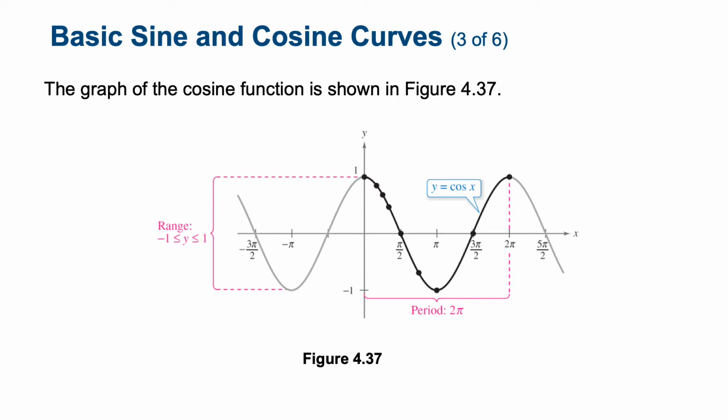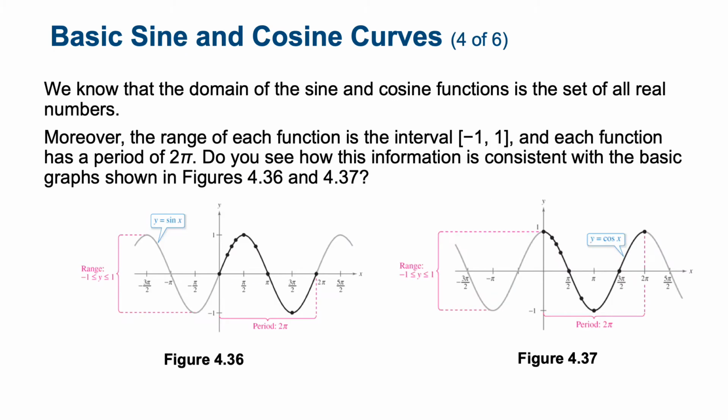Then it comes back up, hits 0 again at 3 pi over 2, and at 2 pi it's equal to 1. So cosine of 2 pi is 1. They're very close to each other. One period of sine looks like a mountain and then a hill, and cosine kind of looks like a valley coming back up.